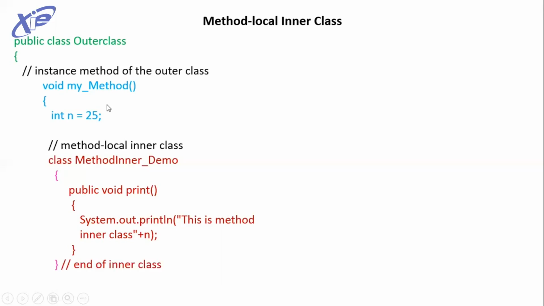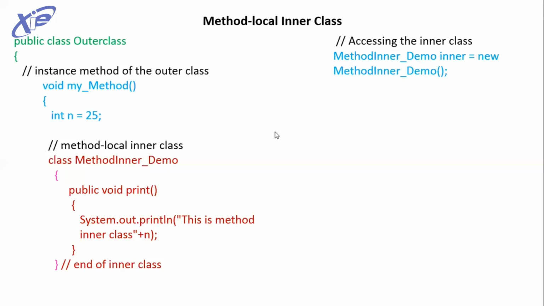And then the end of the inner class, and then here the inner class is instantiated inside the method only, but after the definition ends of this inner class. After the inner class is instantiated here, using this object of this inner class, we are trying to call the method of this inner class, print.